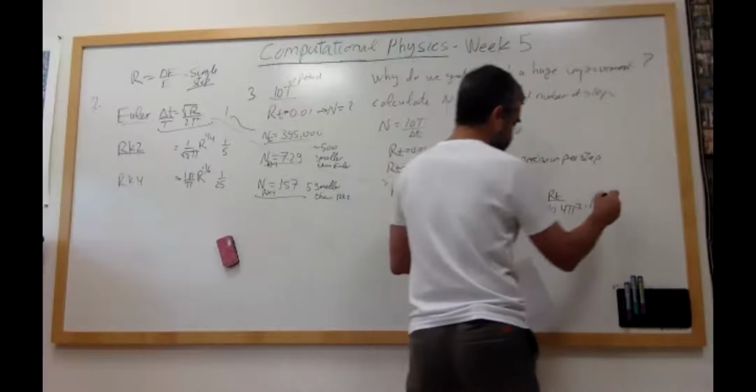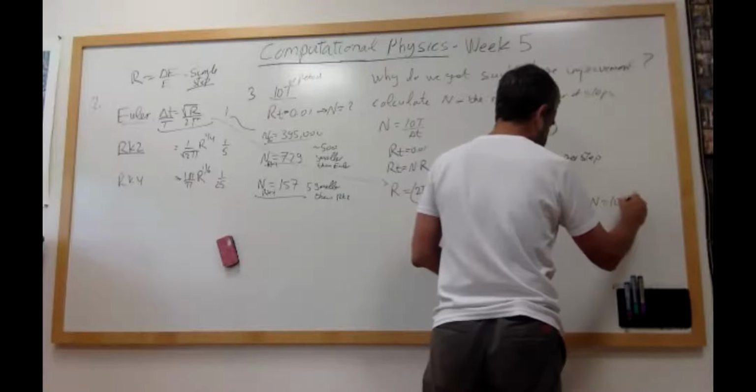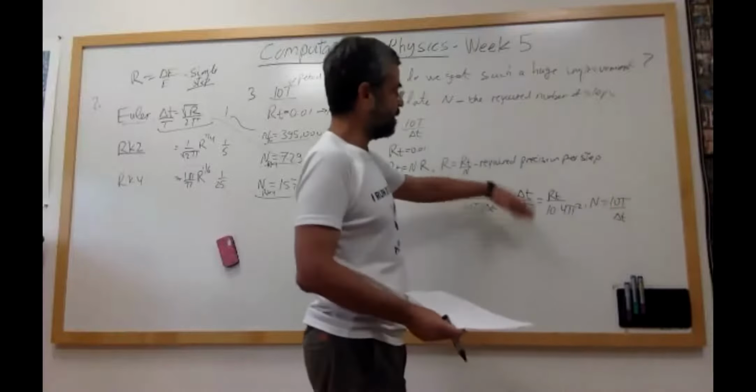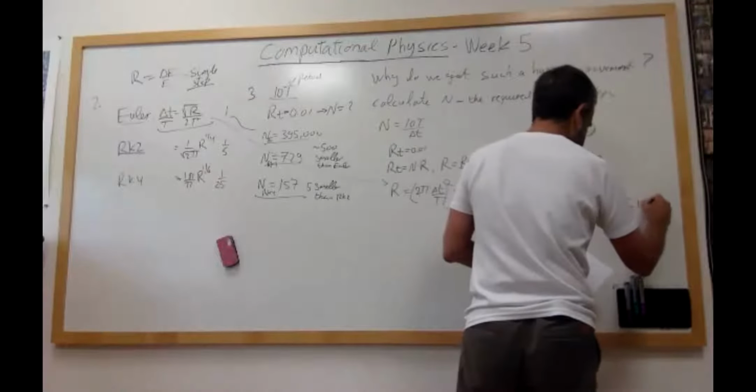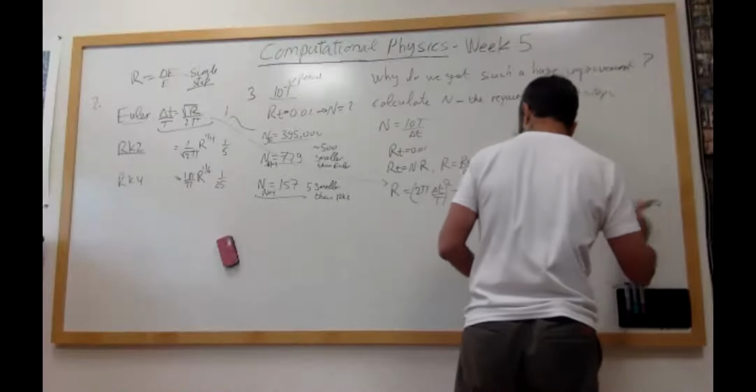And so this is the time step, and the number of steps is the total time over delta t. So we take the inverse times 10, so we get that it is 100 times 400.